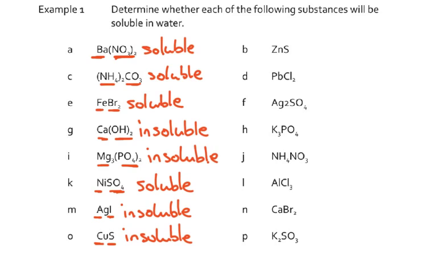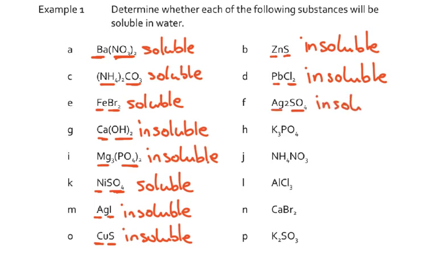Going back to the top, we look up sulfide first and then zinc, that is insoluble. Look up chloride, match it with lead, that is also insoluble. Look up sulfate, match it with silver, insoluble.